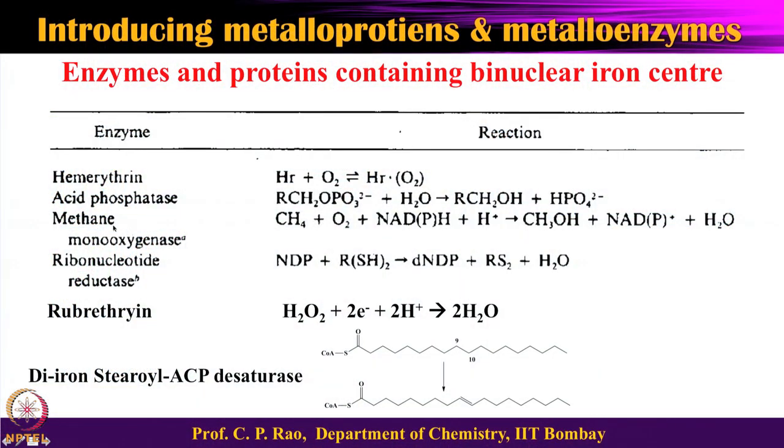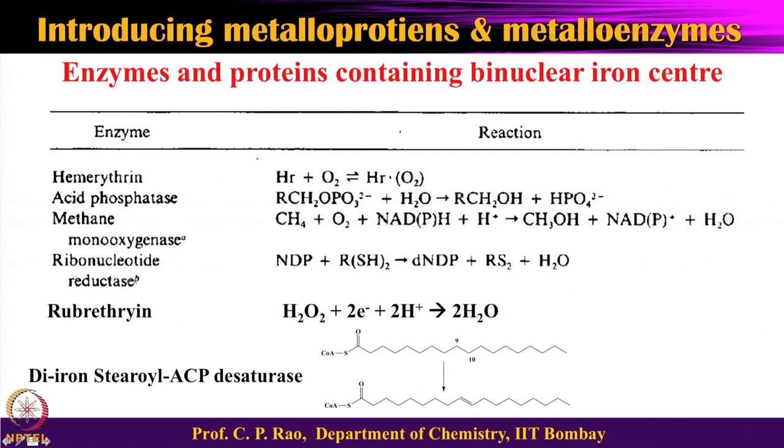Hemerythrin is the oxygen transport protein. Then we are also familiar with methane monooxygenase, again a di-iron containing enzyme, which converts methane into methanol, of course plus water, because in monooxygenase you use only one oxygen for oxidation and the second oxygen goes as water.